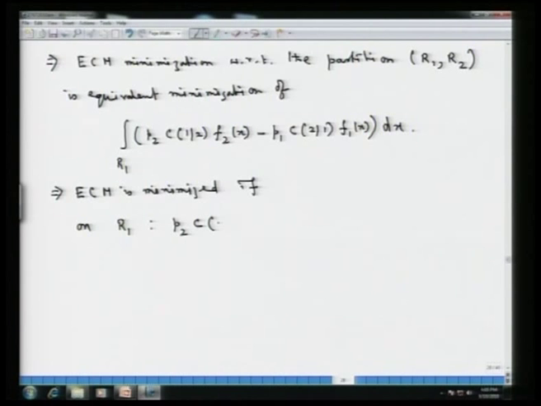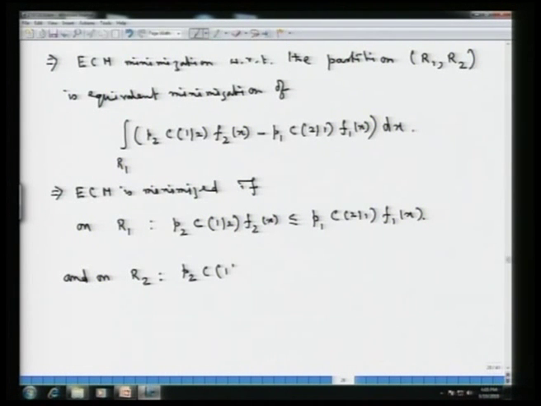So, P2 into C(1|2) times f2(x) is less than or equal to P1 times C(2|1) f1(x) on R1, and on R2 we will have the other way around, that is, P2 into C(1|2) into f2(x) is greater than P1 times C(2|1) into f1(x).